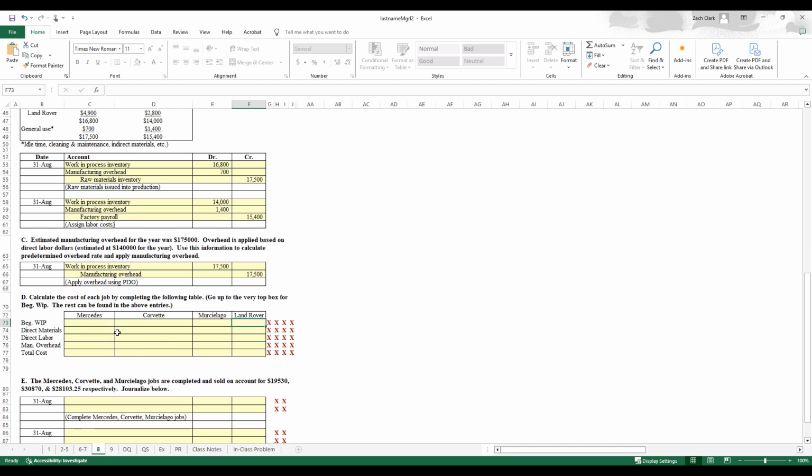And then let's see, calculate the cost of each job by completing the following table. So this is where we're going to want to look back up and see how we want to begin. Oh, it tells us right here. Okay, so beginning WIP total.